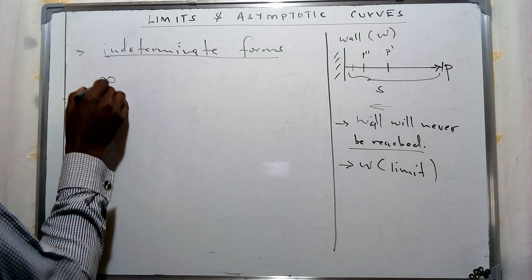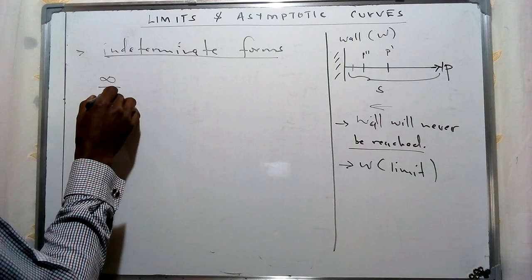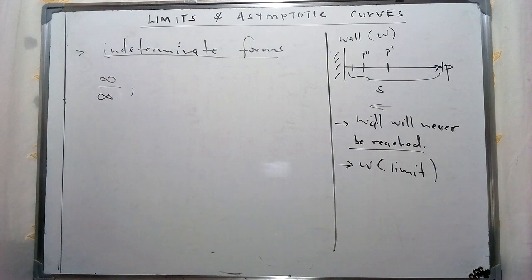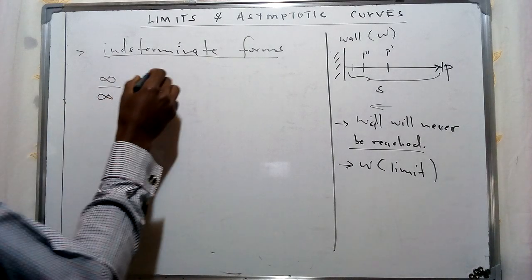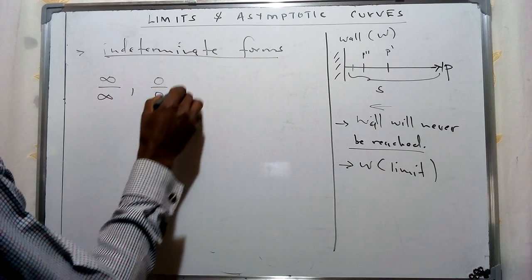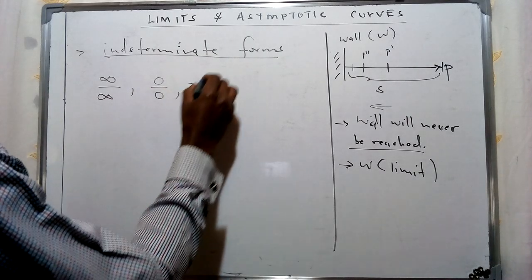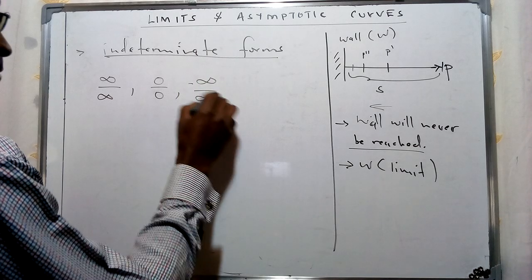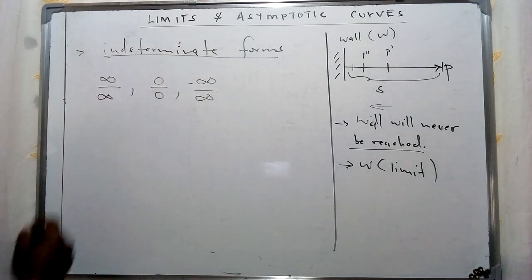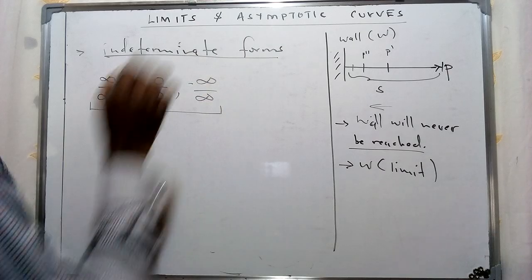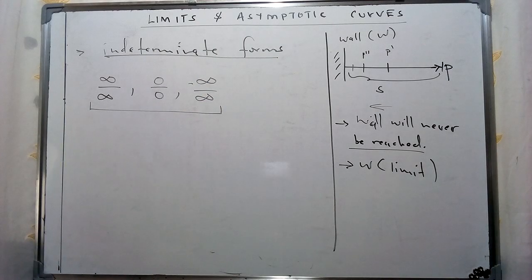So this is given as infinity over infinity. These expressions also appear in the form of 0 over 0. And perhaps we can take another one, which is negative infinity over infinity. These are some of the indeterminate forms which we're going to come across.